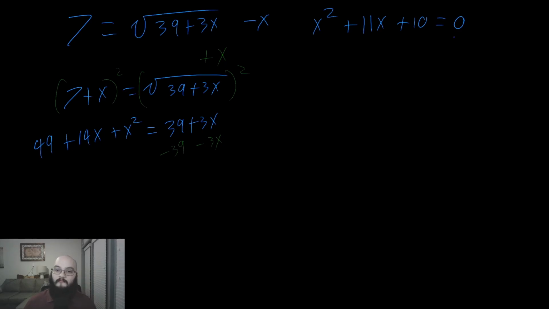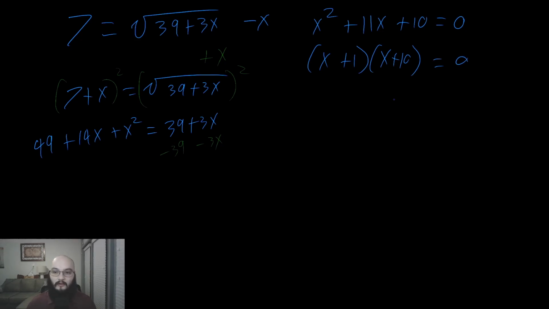From here, this is going to be a very quick factorization because we need something that multiplies to 10, adds to 11. That's going to be 10 and 1. So we will have x plus 1, x plus 10 as our factorization here.